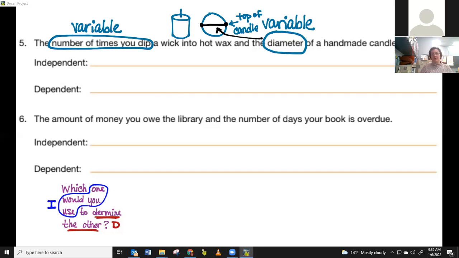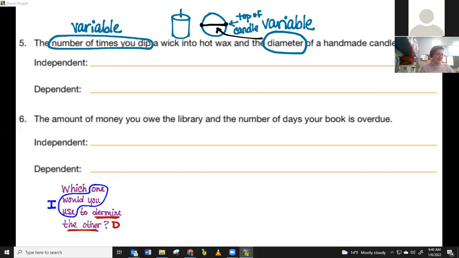That would be the diameter. So kind of how big around is this candle getting, measuring it from edge to edge, measuring the widest part. Okay. First variable is the number of times that you dip this candle into the hot wax.